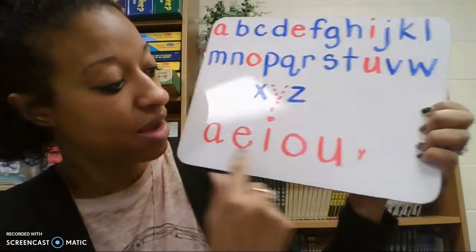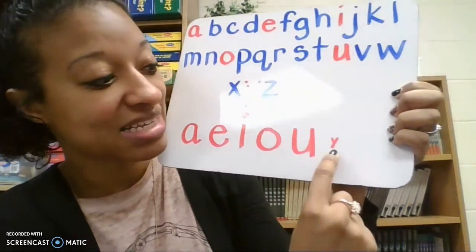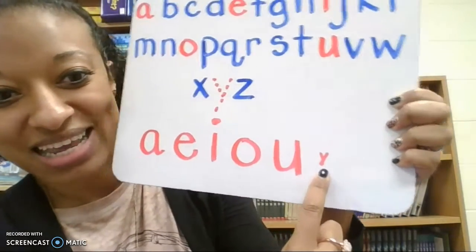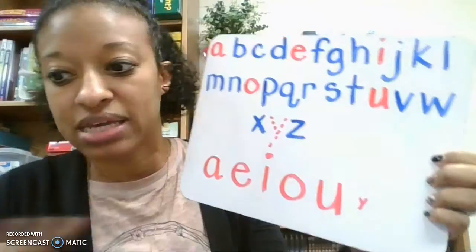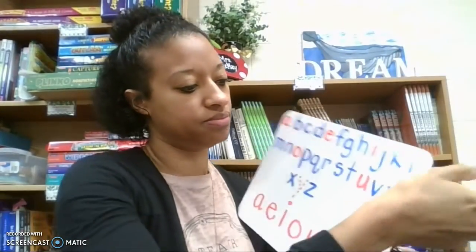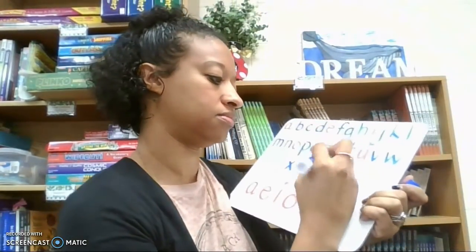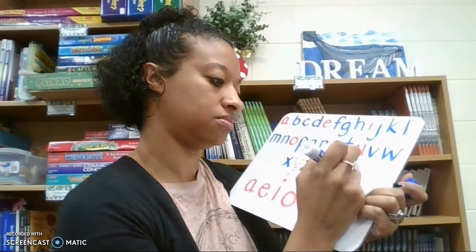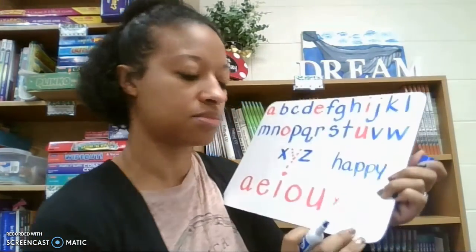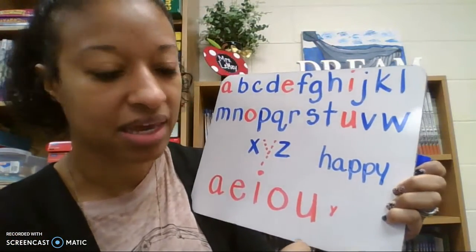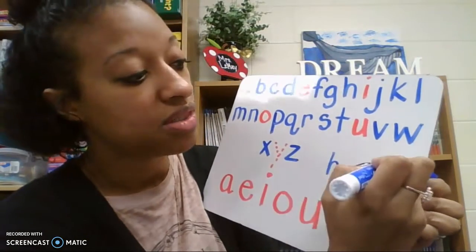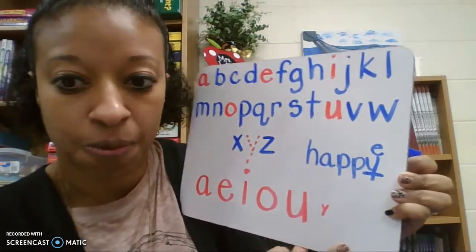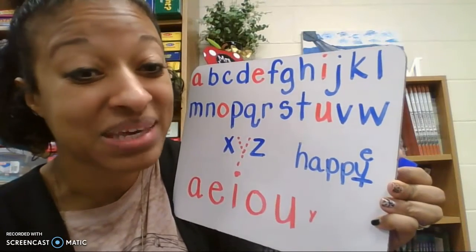A-E-I-O-U. Now, down here, I wrote all the vowels, and then sometimes Y, so I made him kind of tiny and I wrote him by the U. And the reason it's sometimes Y is because I'm going to write a word that you guys already know. Happy. In this word, happy, the Y sounds like an E. Happy.